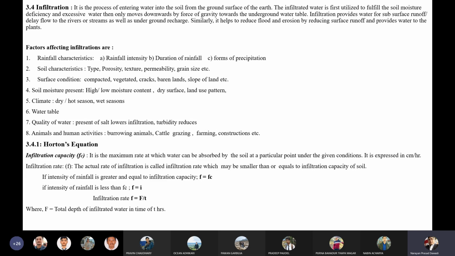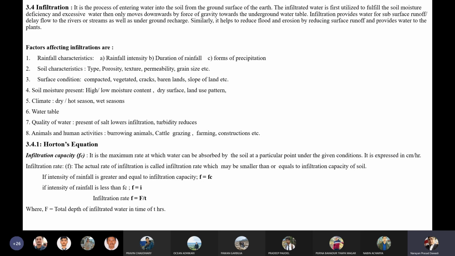If the intensity of rainfall is high, that is, the velocity of rainfall is high, in mm per hour or cm per hour, then the water drop falling from the atmosphere to the ground surface has high velocity, and that water drop strikes the top soil.